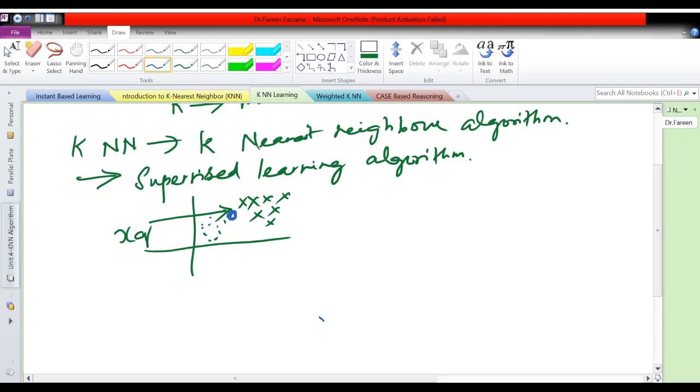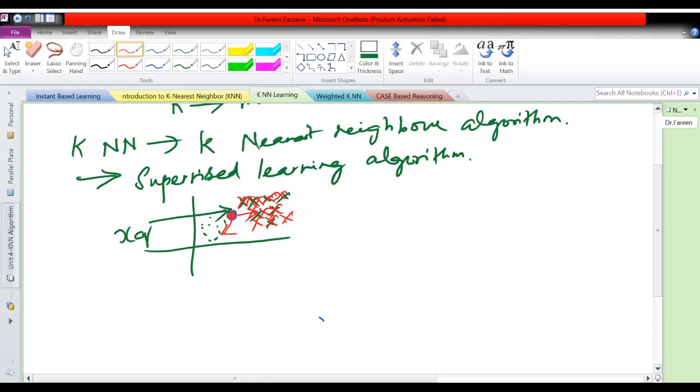Here you already have data points in green color, and let me draw this in red color, just to differentiate different classes of people or different clusters of customers. Now there is a new customer, and we need to find whether this customer will belong to the red class or the green class.